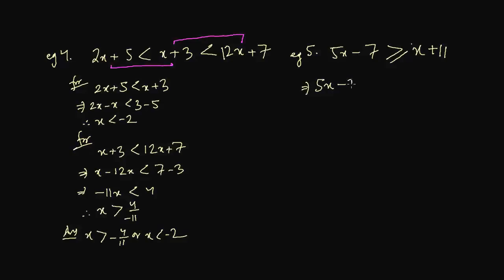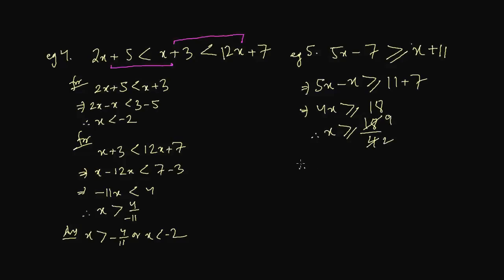So 5x minus x, all the x on the left hand side, 11 plus 7, the minus 7 becomes plus 7, so 5x minus x is 4x greater than or equal to 18. Therefore, since it is a positive number, the inequality sign will not be reversed, it will be the same, just like an equation. So 18 by 4, x is greater than or equal to 9 by 2.